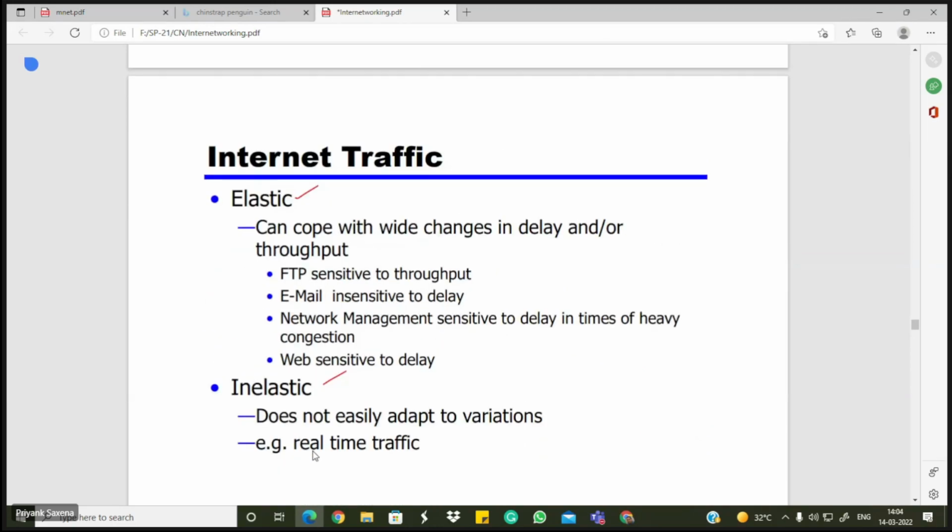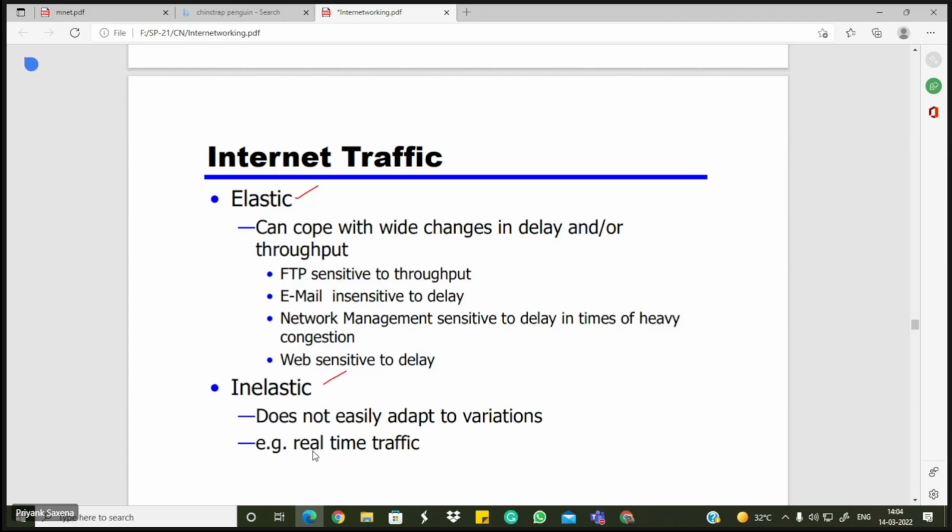Basically we classify the traffic into two types: elastic traffic and inelastic traffic. I have already told you that elastic traffic is one which can meet the demand even though it is delayed, like email. Though it is delayed, it still meets the requirement of a user. While inelastic traffic, like real-time traffic, if subjected to some delay, will be useless to the user.